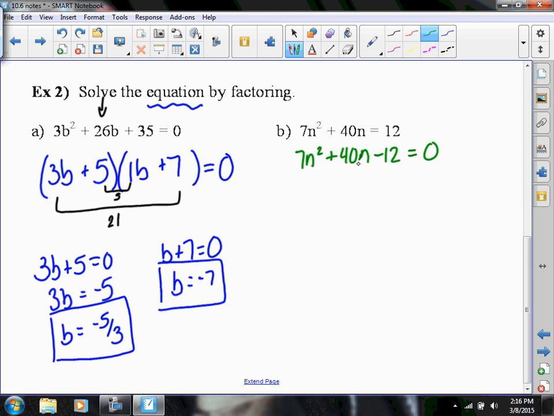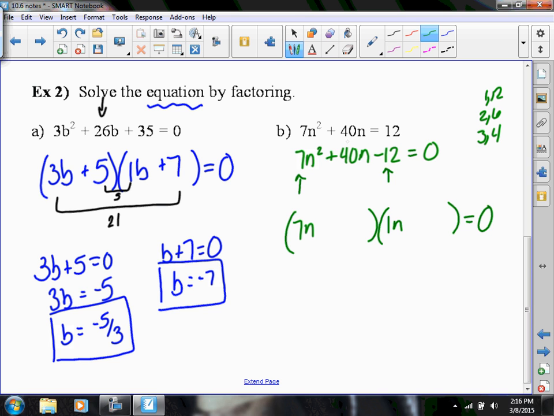Now there isn't a GCF for 7 and 40 and 12, so I'm just going to need the factors of 7 and the factors of 12. So factors of 7, that's just 1 and 7, so 7n and 1n. And then the factors of 12, that could be 1 and 12, or 2 and 6, or 3 and 4.